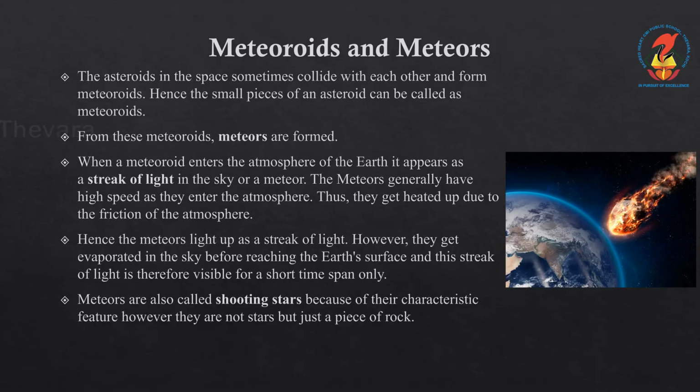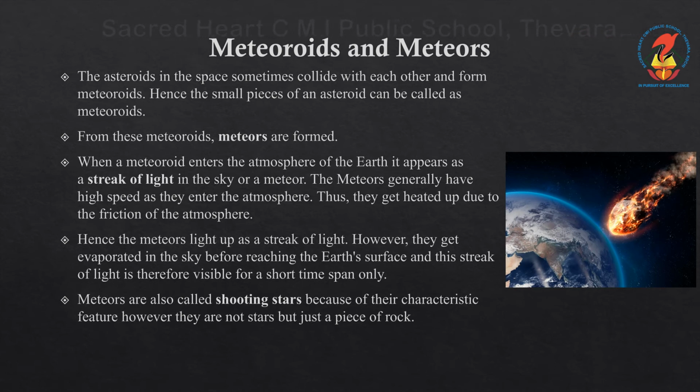The asteroids in space sometimes collide with each other and form meteors. Hence, small pieces of an asteroid are called meteorites. Meteors are formed when meteorites enter the Earth's atmosphere and light up as streaks of light.